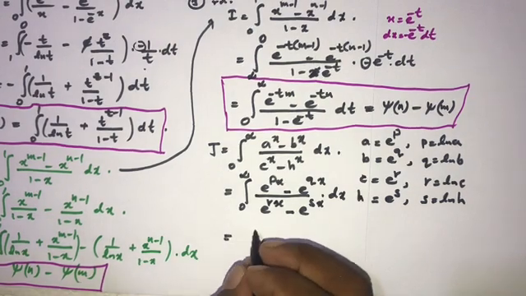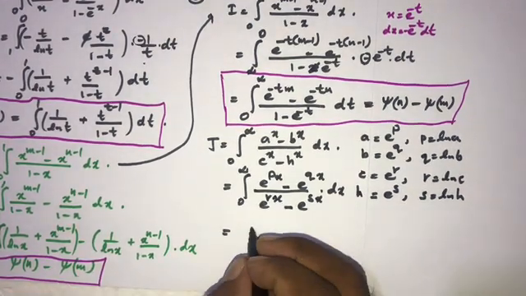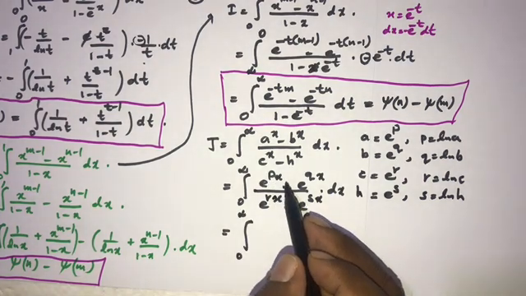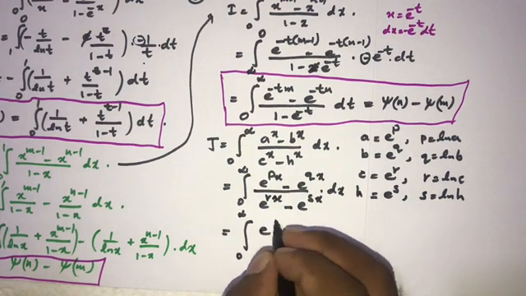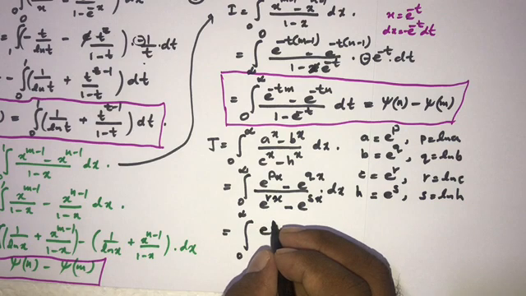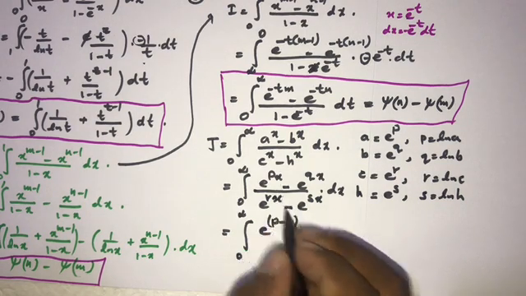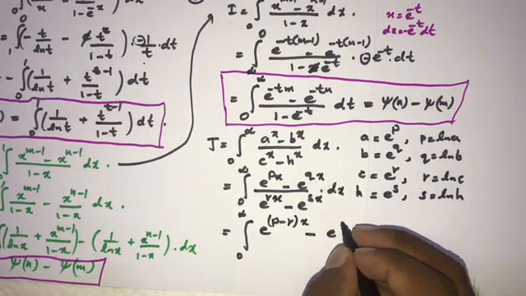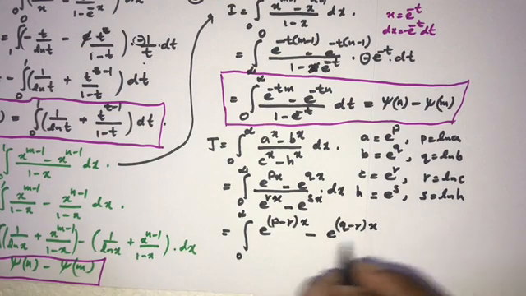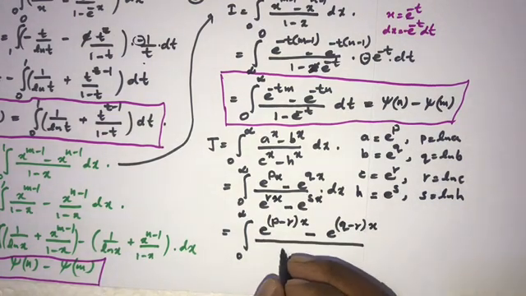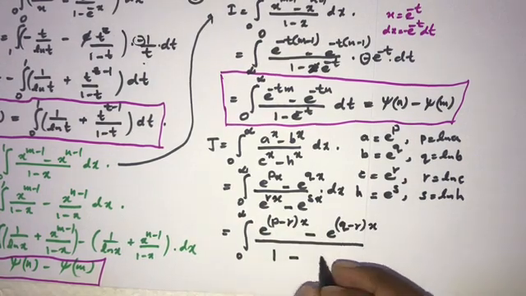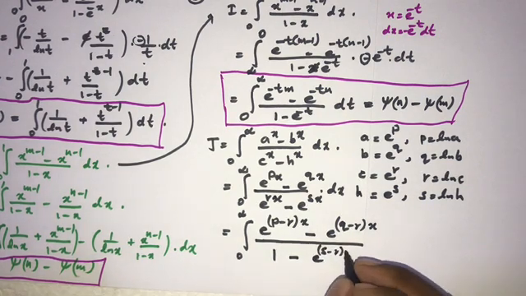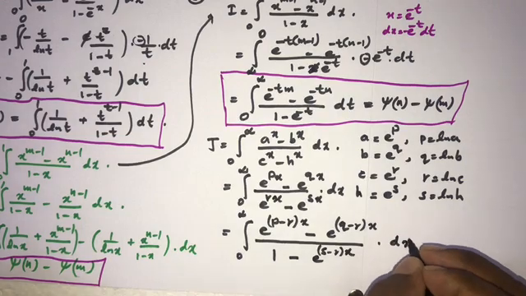So if we divide it by e to the rx, we can write here 0 to infinity e to the px minus rx, so e to the p minus r times x, minus e to the q minus r times x, over 1 minus e to the s minus r times x dx.